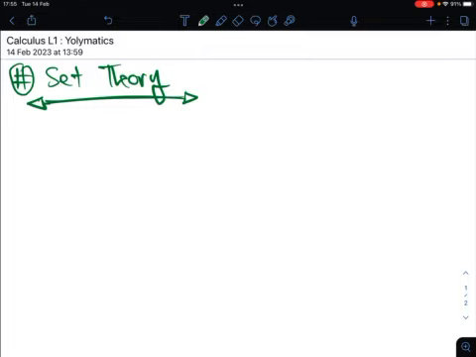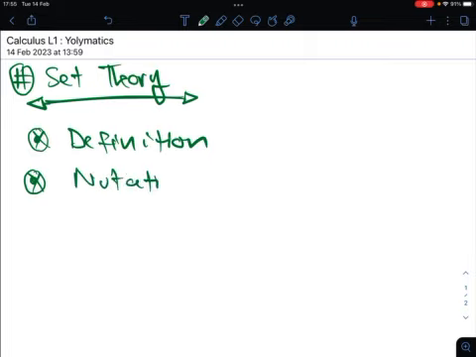This video, I'm going to split it into two parts. This video is going to be the first part of our study of set theory, which is going to cover the following objectives. The first thing that we would like to talk about is the definition of a set. And then we're also going to introduce some notation that we're going to need as part of the discussion.